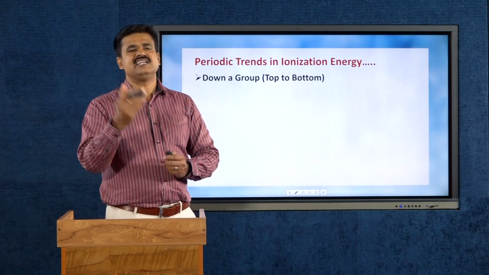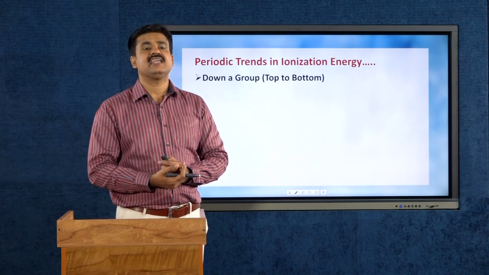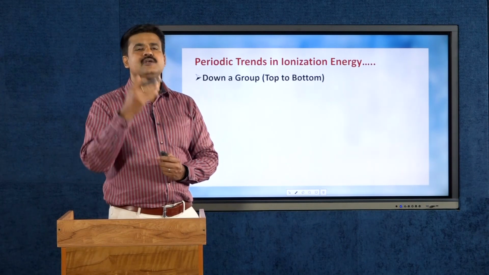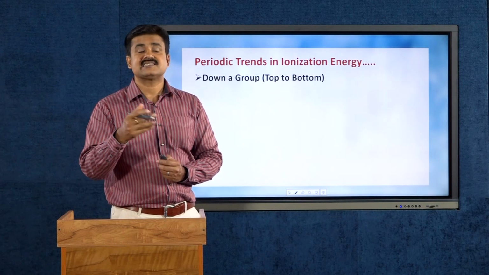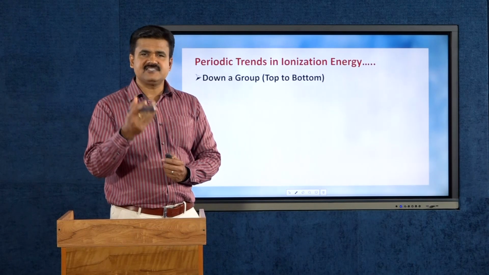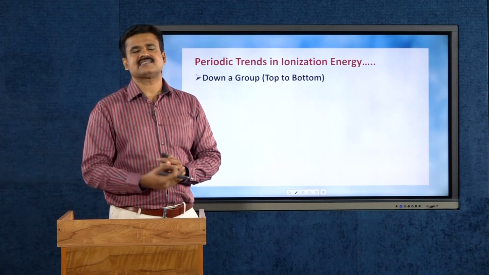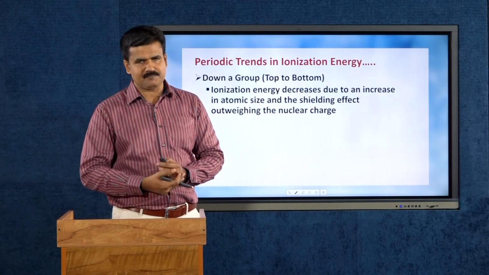Now we are discussing the trend in ionization energy along a group. In a group, if we proceed from top to bottom, we can see some variations in ionization energy. Definitely, there is a decrease in ionization energy as we move from top to bottom.